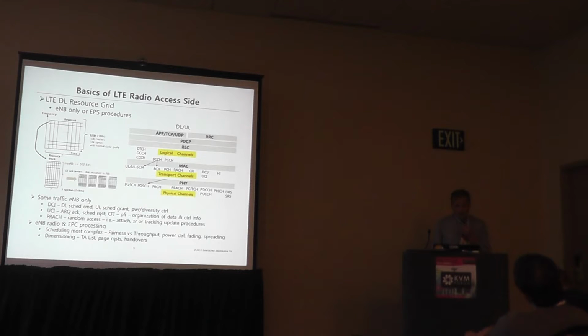So the eNode B has to do a lot of GTPU tunneling, tunneling data to the serving gateway and out to the PDN gateway. In addition, it has to do a lot of mobile control, so that's a lot of QoS feedback that it gets from various mobiles.